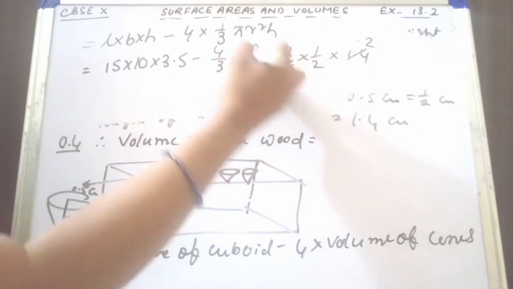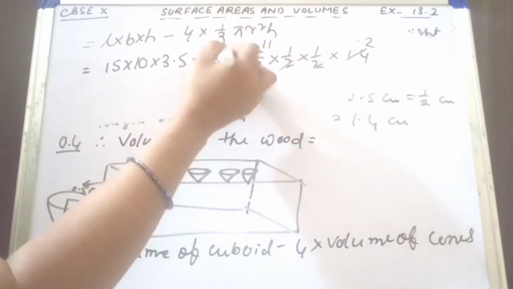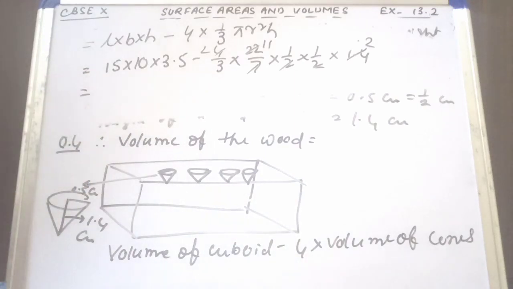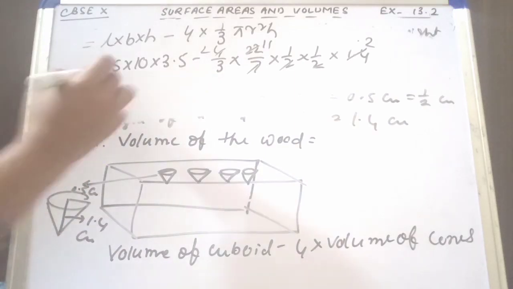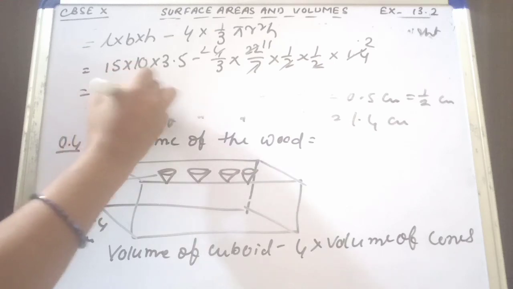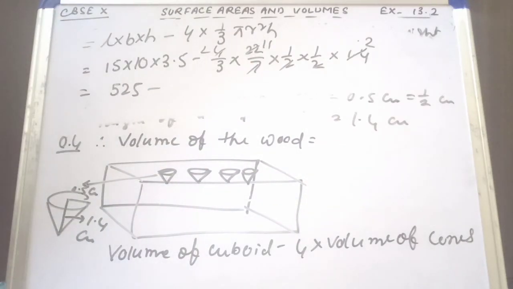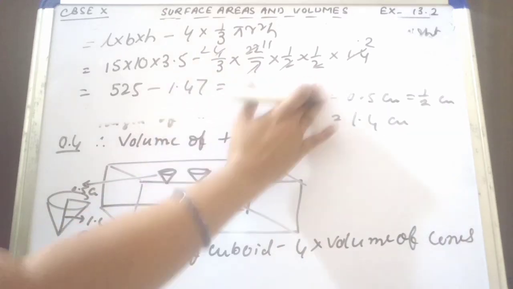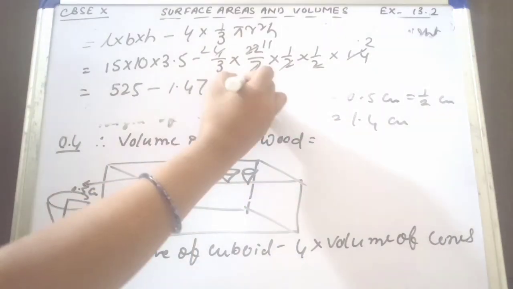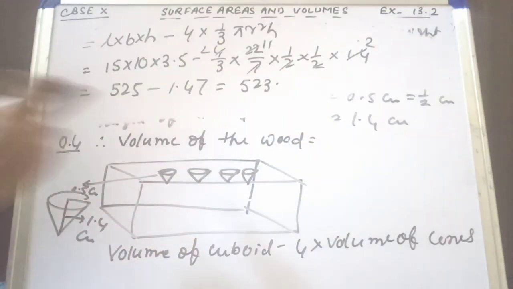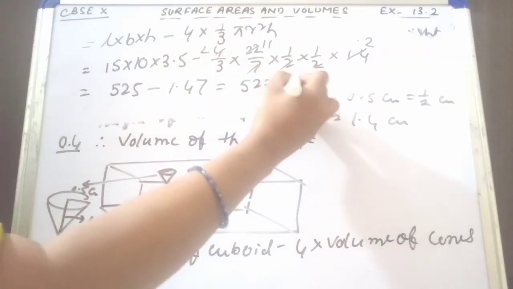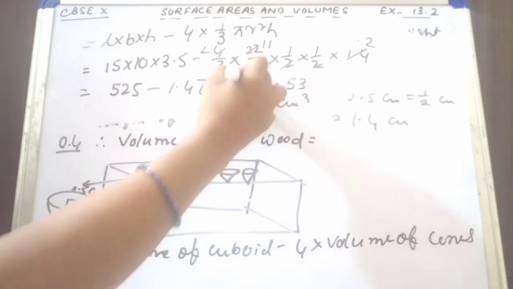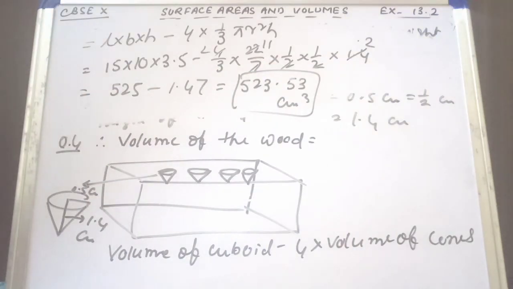Now 15 into 10 into 3.5, that means 525, minus 2 into 11 into 0.2 upon 3, that means 1.47, is equal to 523.53 centimeter cube. That's the answer. Thank you.